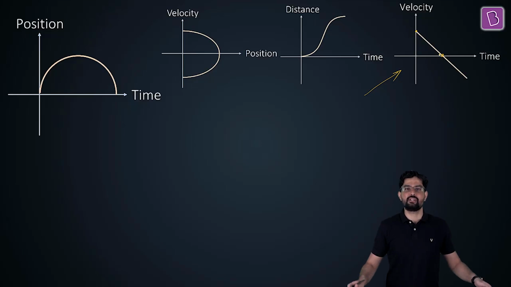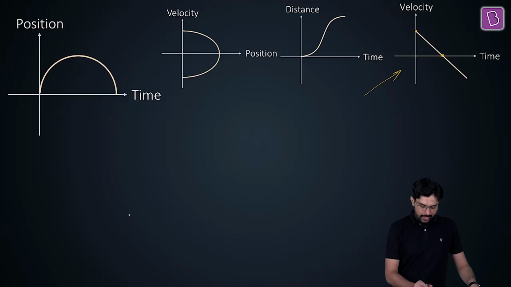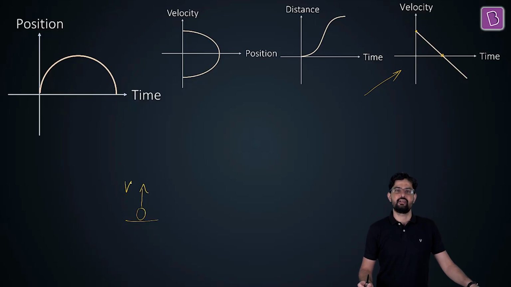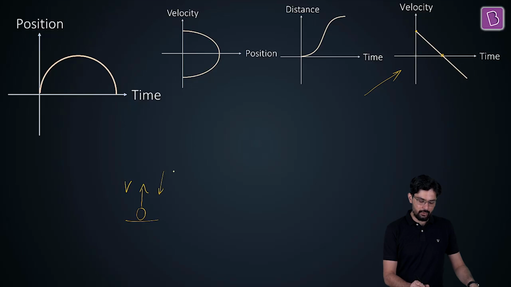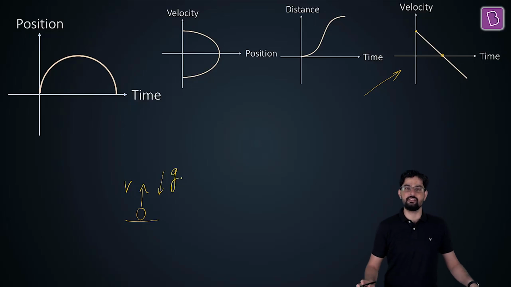Now, can you think of such a motion? Well, I can think of a particle which is thrown vertically upwards with some velocity v. Can you see that the velocity time curve exactly matches the variation of velocity with time of this particle? As you can see, the particle would be experiencing constant acceleration due to gravity in the downwards direction.